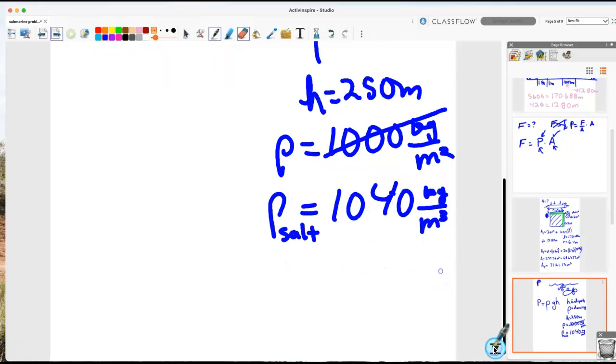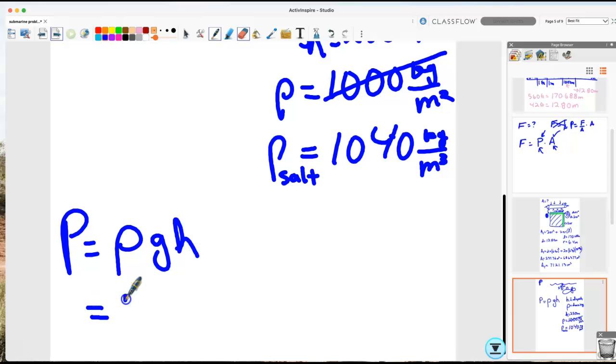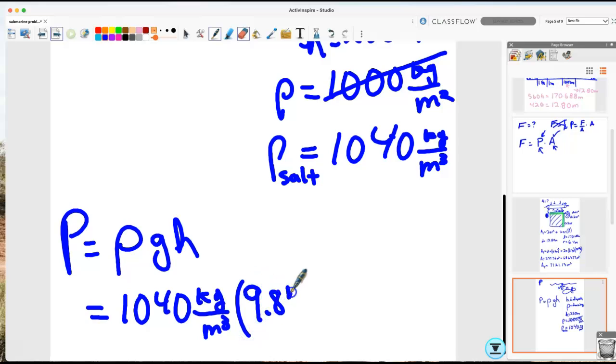So now we just plug it in, don't we? Our pressure, I'm going to rewrite that formula, equals rho g h. So rho is 1,040 kilograms per meter cubed times our gravitational acceleration, 9.8 meters per second squared, times our depth, 250 meters.